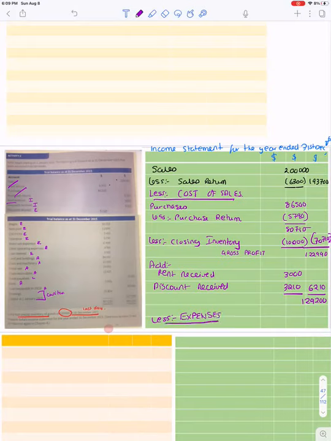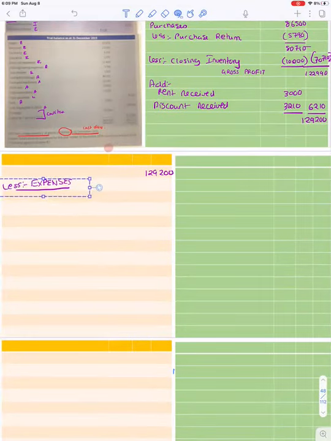What are my expenses? All these things which are mentioned down over here. I will bring down this figure. What are my expenses? First expense, discount allowed, 5,110.